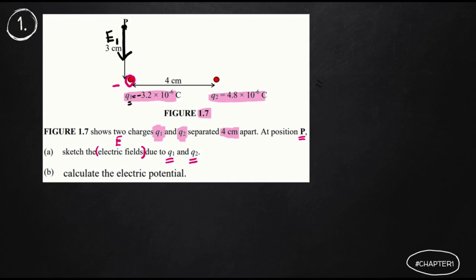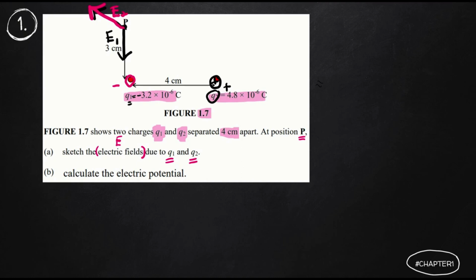And then for Q2, it is positive. So from this positive charge, the direction is outward. So you can label it as E2.